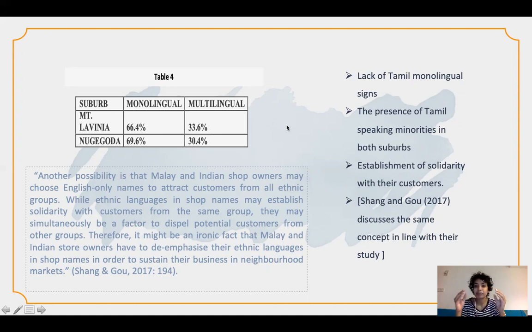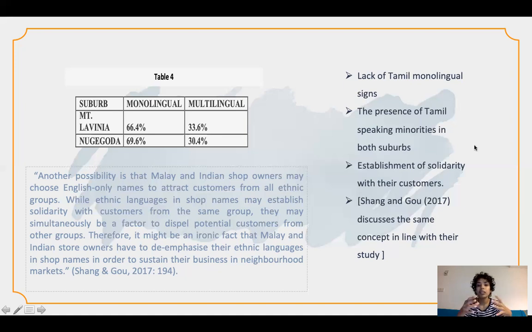Because both suburbs have Tamil-speaking minorities, a few arguments could be made. One could be that they were not interested in it. There could be socio-historical or socio-political reasons. Another reason that can be argued would be the establishment of solidarity with their customers.